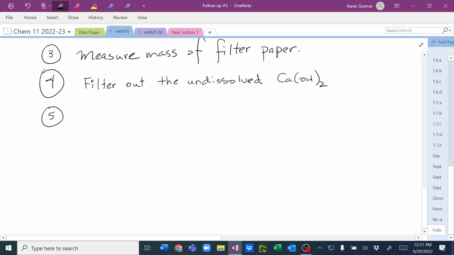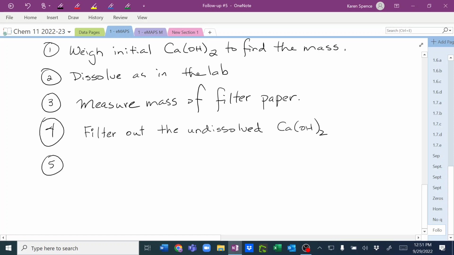Now, can we just throw that on the balance and weigh it at this point? What should we do next? Tell your partner what you think we should do next. I'm not assuming anything.